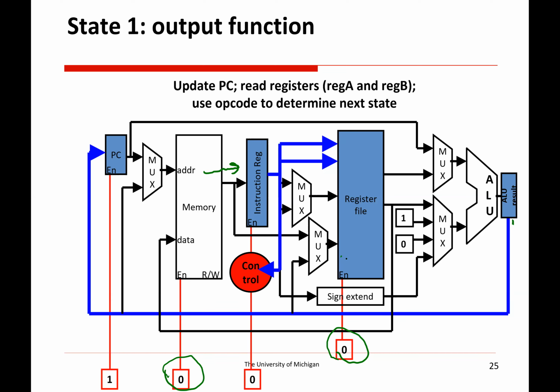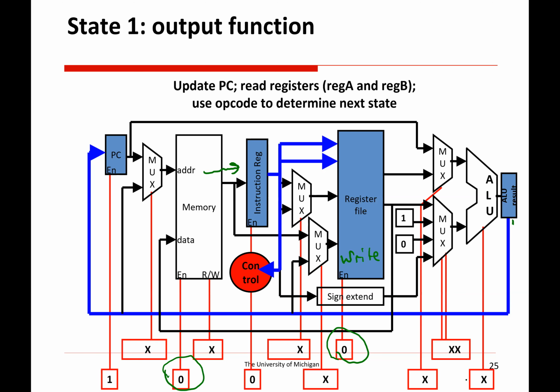So this is really a write enable right here, and I'm not writing anything, so I'll set that to 0. And then I'm not using the ALU at all. So all of the MUX inputs and the ALU operation, we can set to X's because it doesn't matter. We're not using that hardware right now.